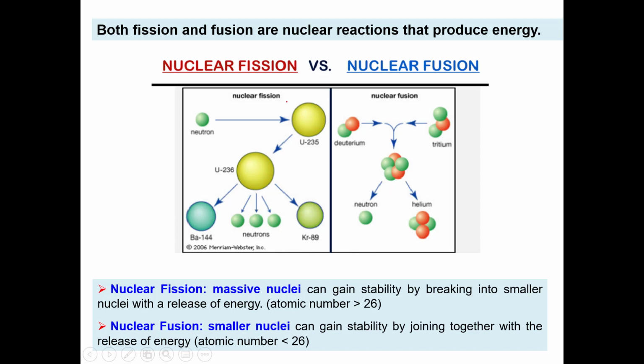In nuclear fission, the nucleus breaks into smaller nuclei, but in nuclear fusion, 2 small nuclei join to form a more stable nucleus. Here in nuclear fusion we have the isotopes of hydrogen, deuterium and tritium, and they join to form helium plus a neutron.